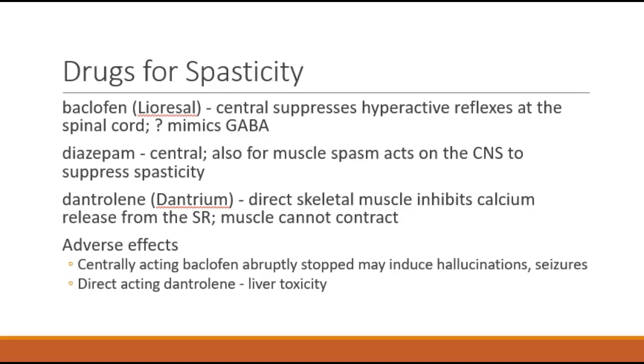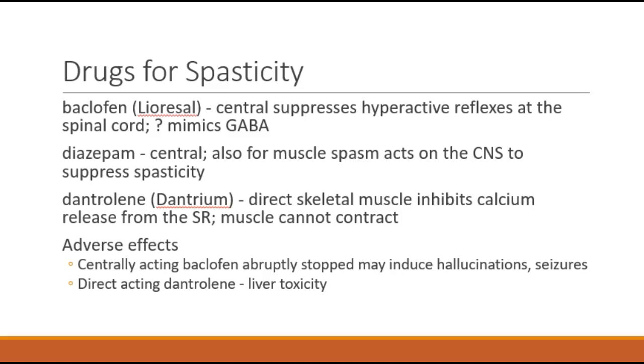And then dantrolene inhibits the calcium release from the sarcoplasmic reticulum. So this one is direct acting right on the muscles. It's working at that sarcoplasmic reticulum, and it's going to inhibit calcium release. So the muscle is going to be weaker and it's not going to be able to contract.